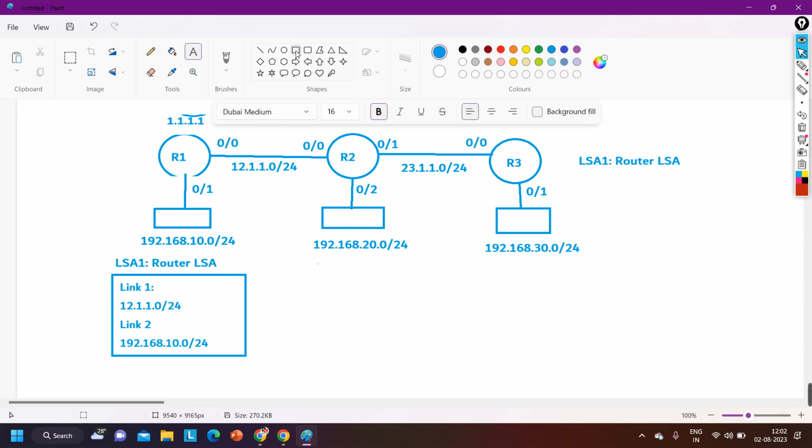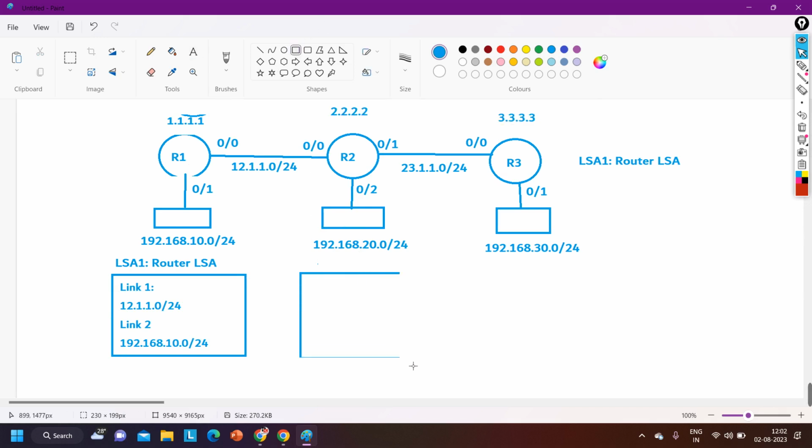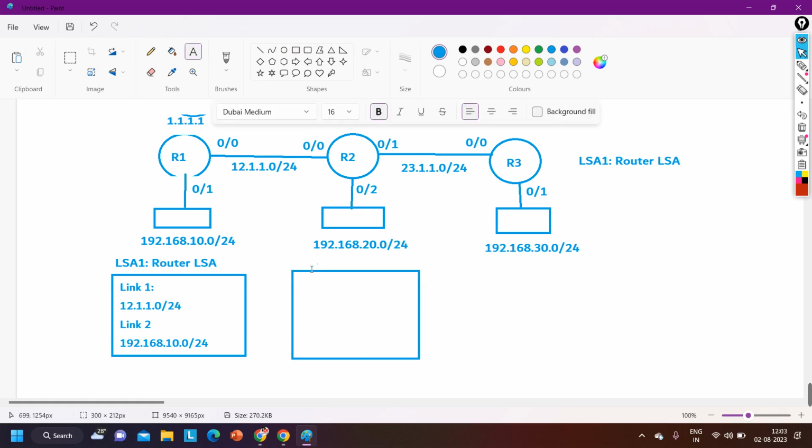In the same way, router 2 will also have its LSA1, that is the router LSA of router 2. Router 2 will also keep all the link information inside its LSA1. I have one link, link 1, on which the network running is 192.168.20.0/24.